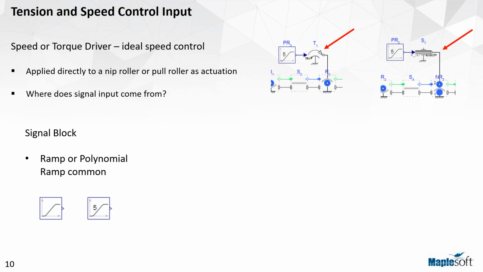As well, the inertias of the rollers need to overcome accelerations at the beginning of your line. So by adding a ramp or polynomial ramp, it helps to reduce any of that spiking at the beginning of your simulation.